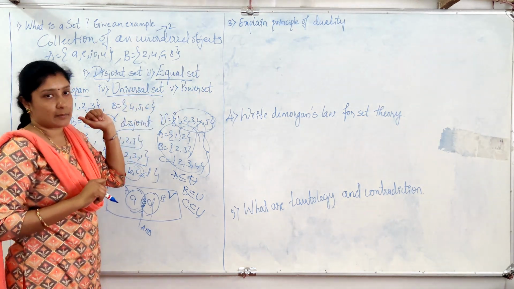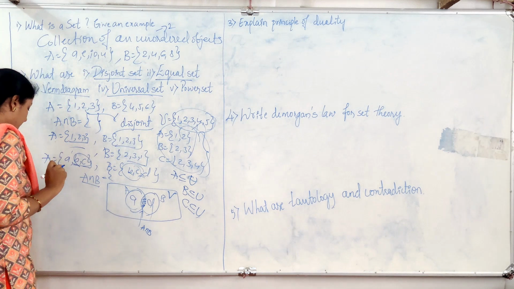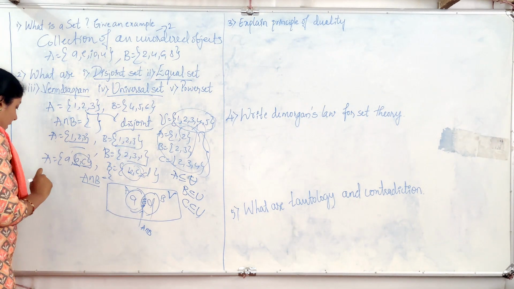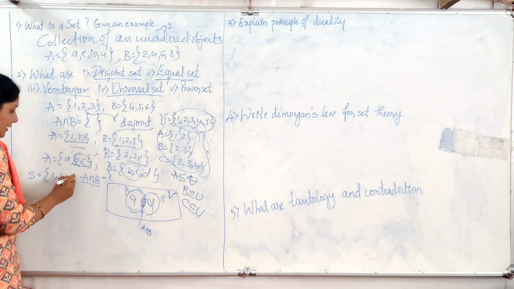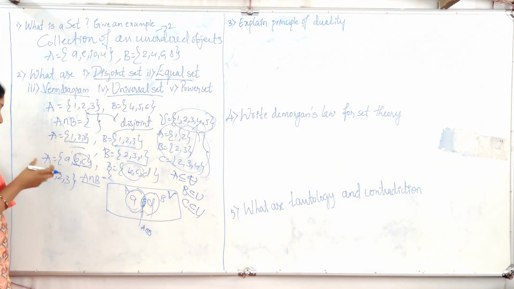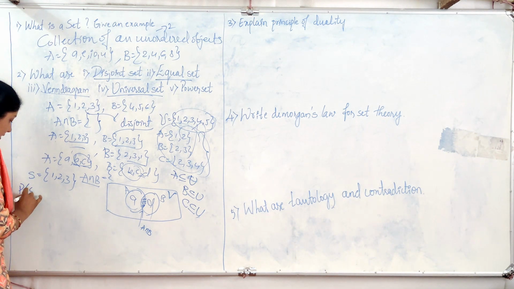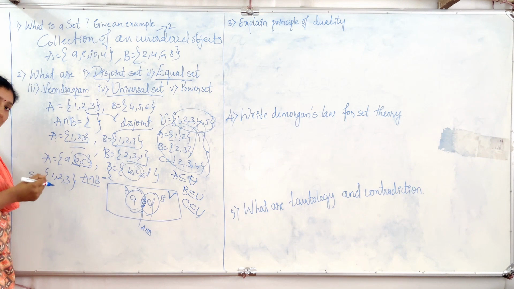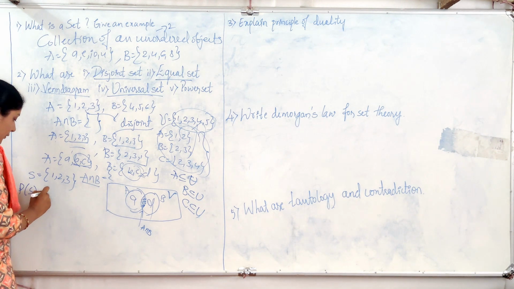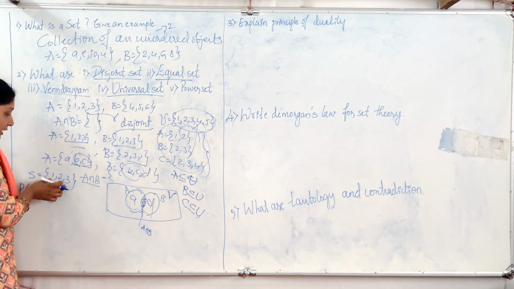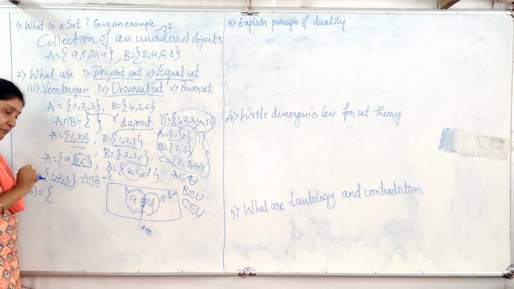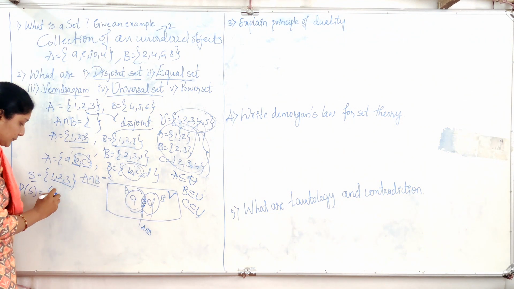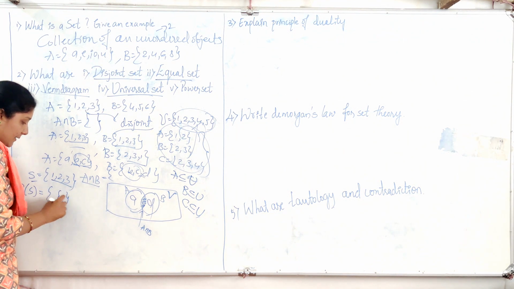Next, power set. Power set means, let me give you an example. See, S is equal to {1, 2, 3}. S is a set. Now, let me write the power set of this first. That is represented as P(S). So, P(S) is equal to, I will write all the possible subsets of set S. That is, first comes the null set.